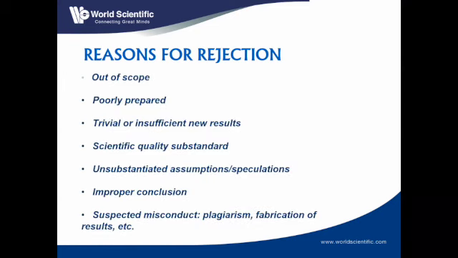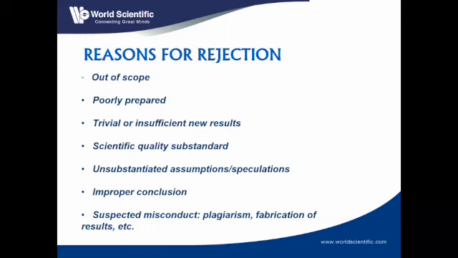And here are the reasons for rejection. First, straight away, if it's out of scope, we will reject the submission. If it's poorly prepared, it will be rejected. If it has insufficient new results, it will be rejected. Also if the scientific quality is substandard, with unsubstantiated assumptions or improper conclusions.